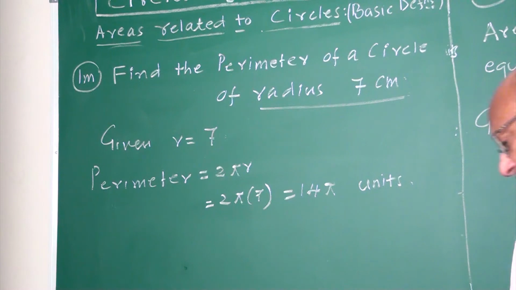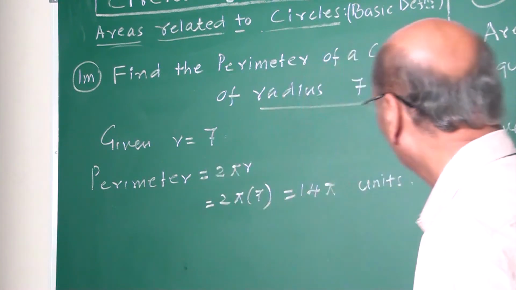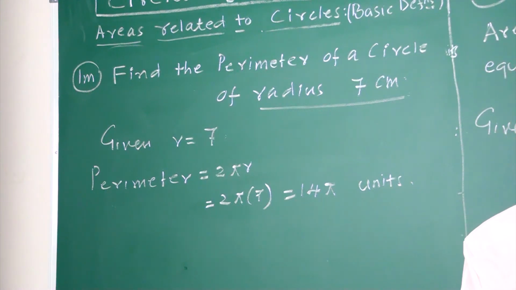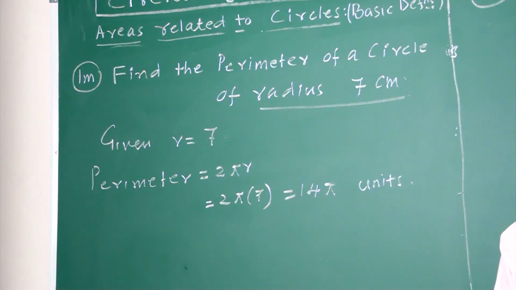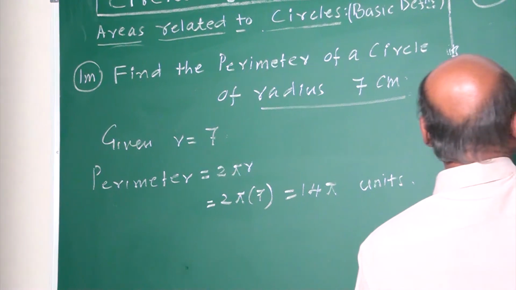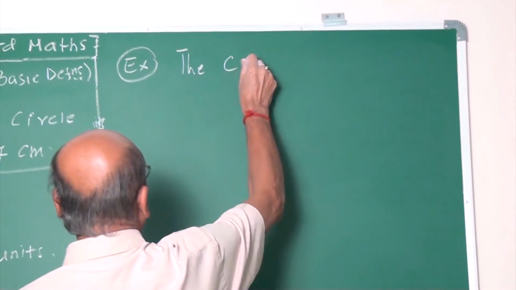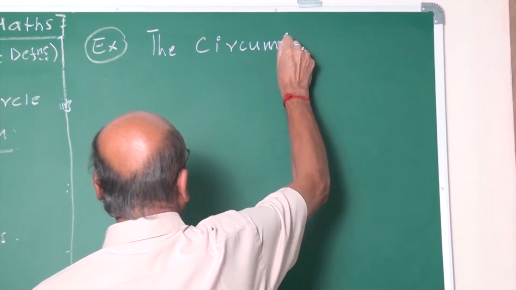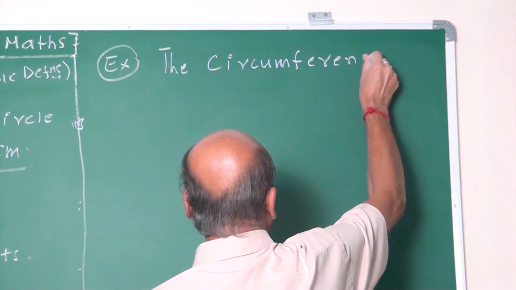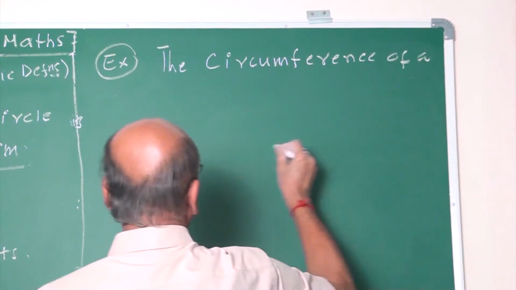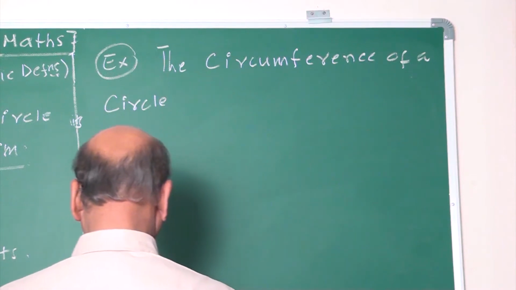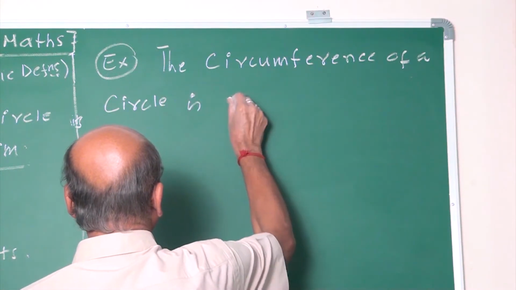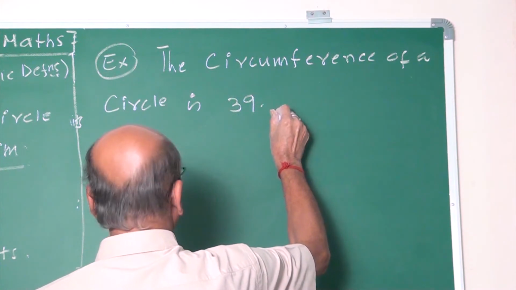Next example is: the circumference of a circle is 39.6 centimeters.